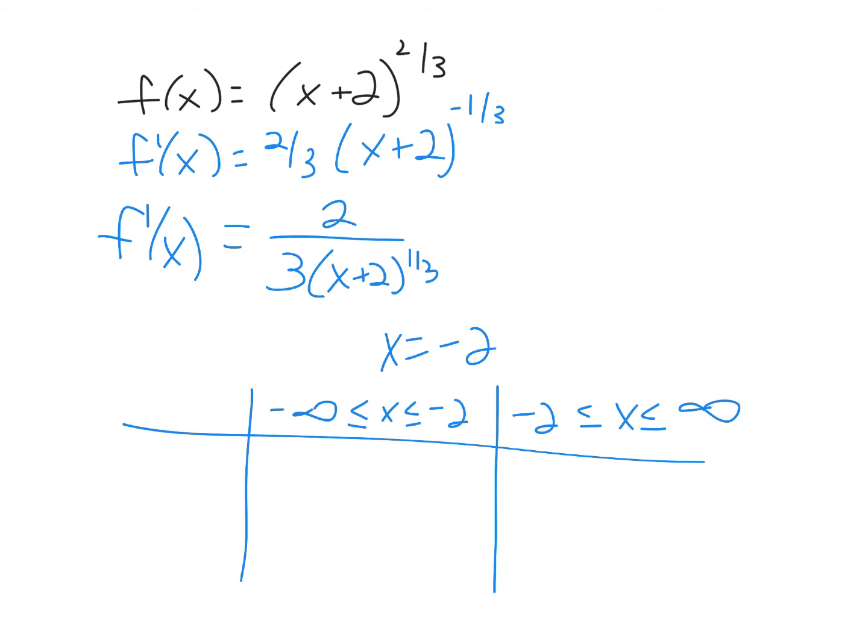Pick a number less than negative 2, let's pick negative 3, and a number greater than negative 2, 0. We put 0 in, and the output is positive. I don't know what the third root of 2 is, but it's a positive number, which is important. Since it's greater than 0, it is in fact increasing.